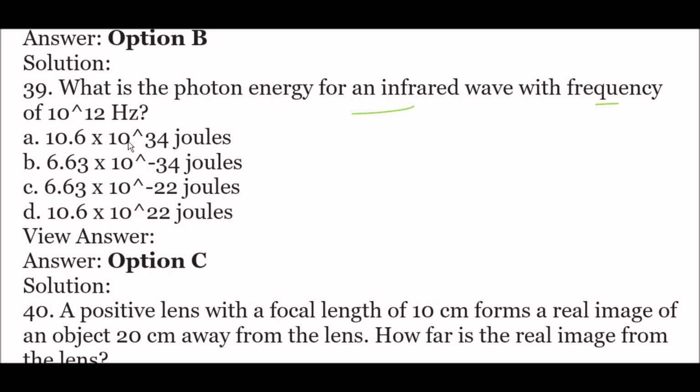Option D, 10.6 multiply 10 to the power 22 joules. Okay, and right answer here is option C, 6.63 multiply 10 to the power minus 22 joules. This is the photon energy for an infrared wave with frequency of 10 to the power 12 Hz.